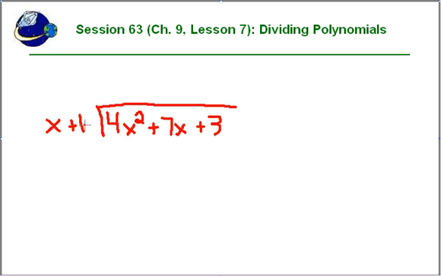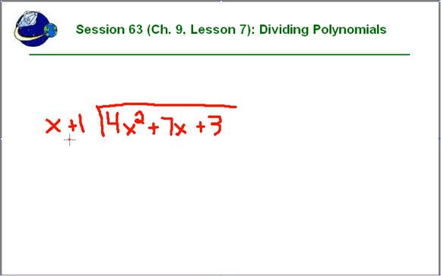And here we have x to the 0, which is the same thing as 1, 1 times 1 being 1. So here are our first degree term and our 0 degree term. And in our number that's being divided, we have our second degree first, our first degree second, and our 0 degree third. So it's written in order from left to right, from your biggest degree to the smallest. Once you've done that, we can now go ahead and divide.